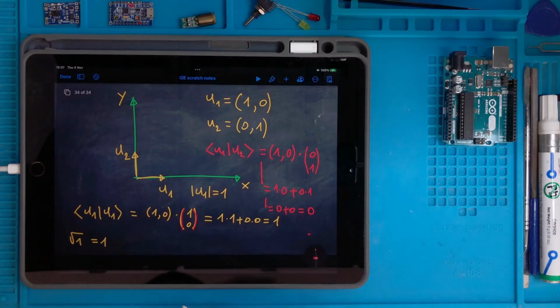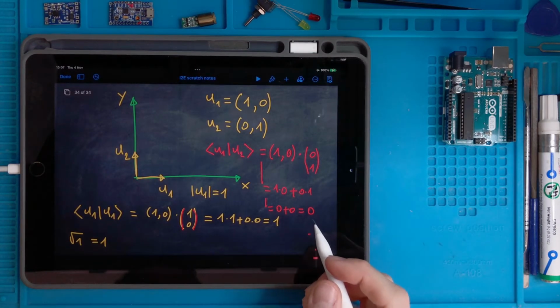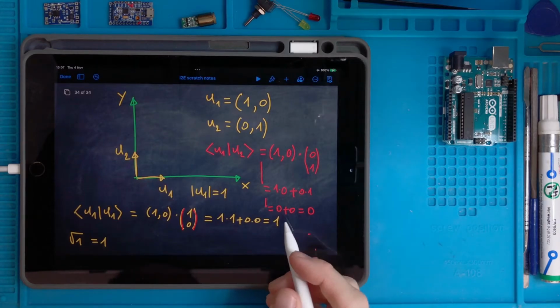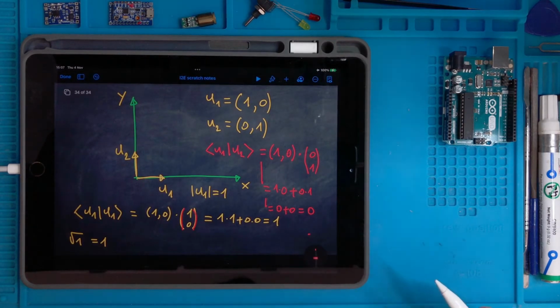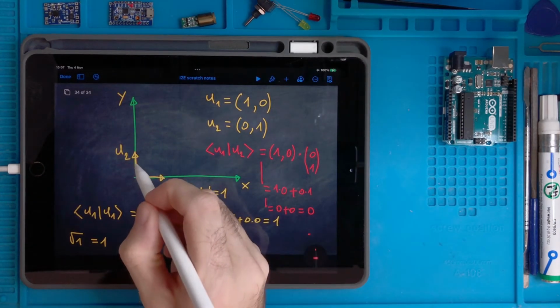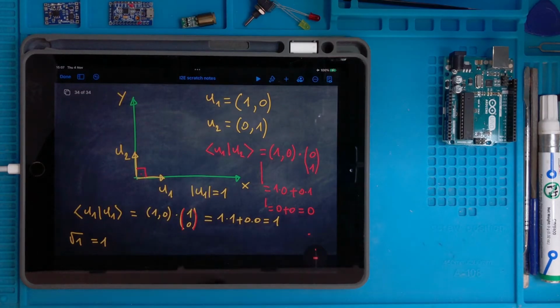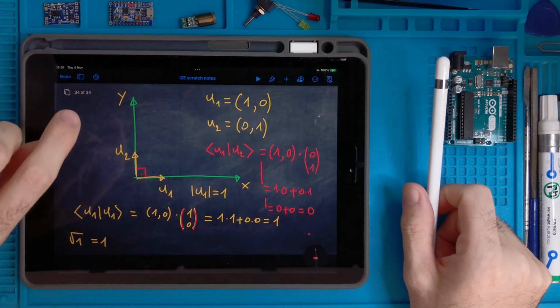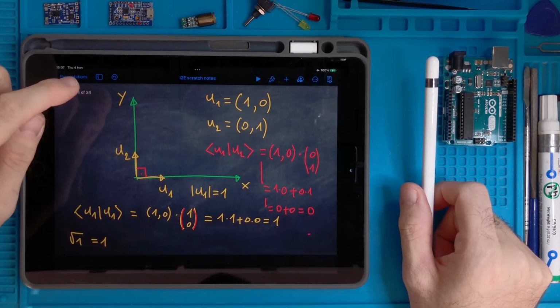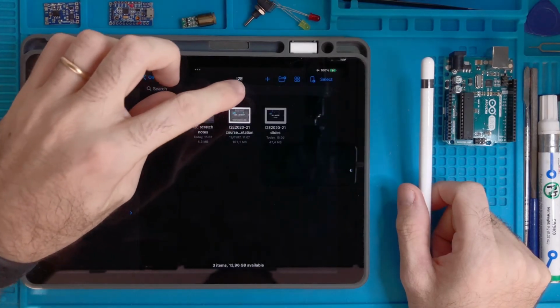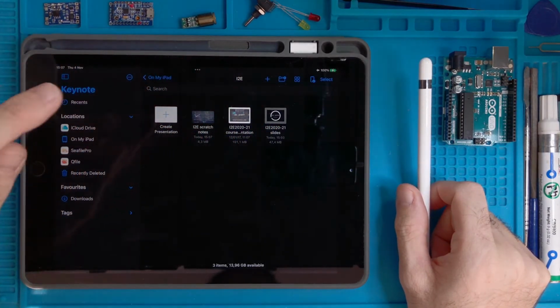And just to be clever, we compute the magnitude of this thing, which is the square root of 0, which is 0, of course. So those two vectors are orthogonal to each other. So I go back to the slides.